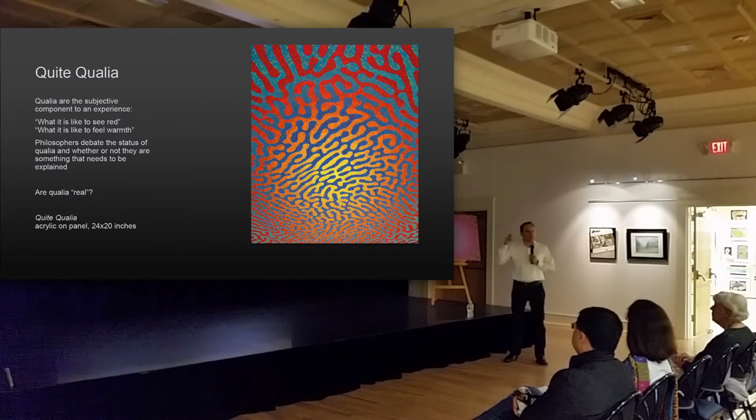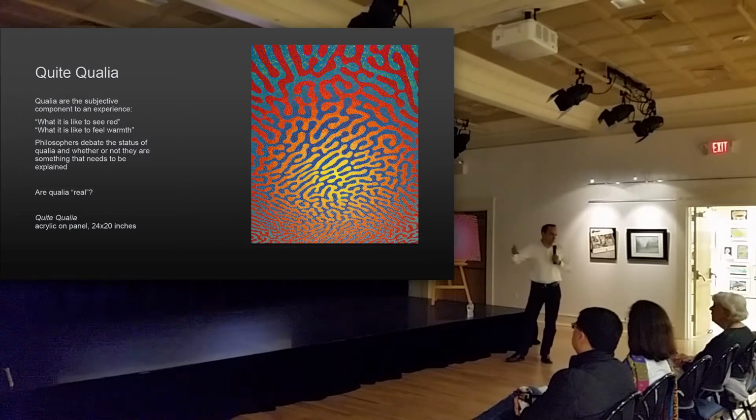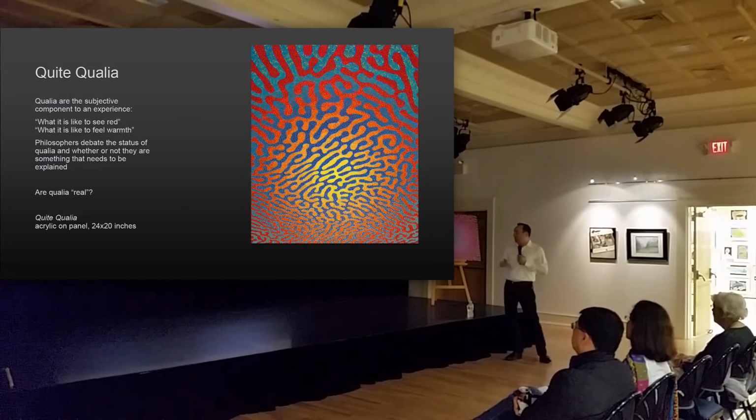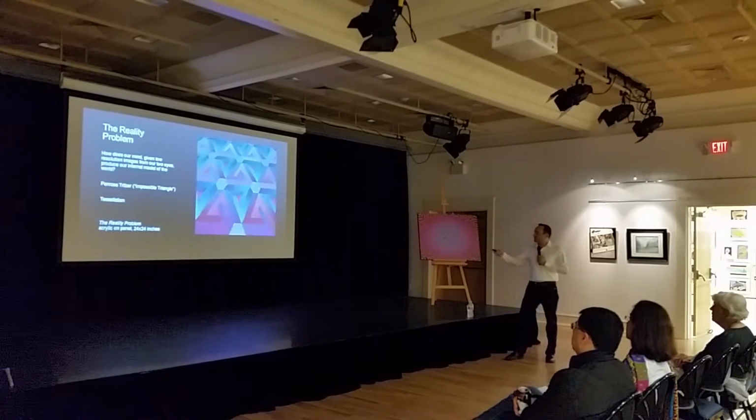They're just states of the brain that don't really need to be explained at all. Others think, are you kidding me? John Searle, famous philosopher, says, well, I'll get to that on the next slide. Are you kidding me? We have to explain how qualia work. It's the most important part of our existence, is how is it that we feel the way we do. So I wanted to have a painting about qualia. Seeing red, especially, and feeling warmth, perhaps.